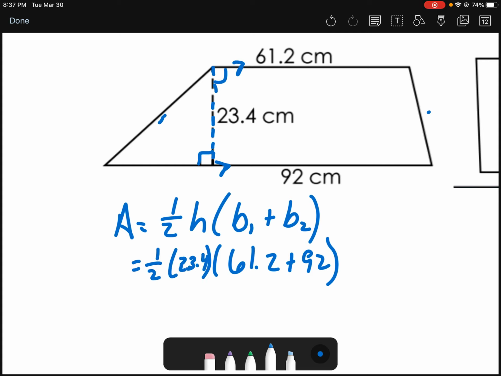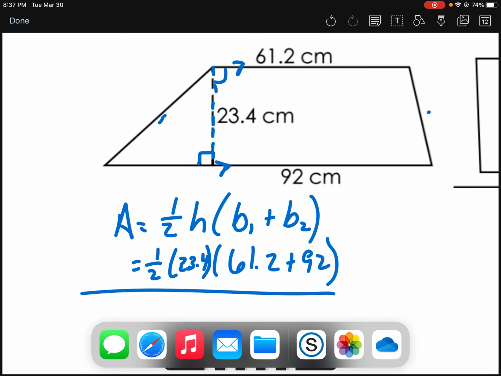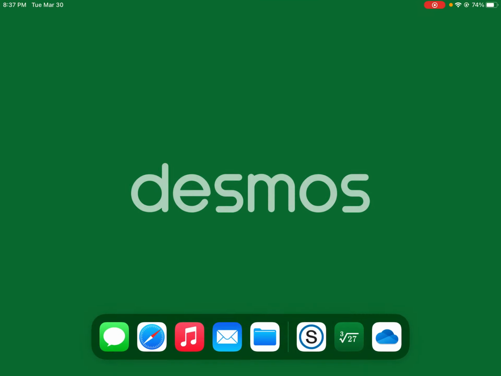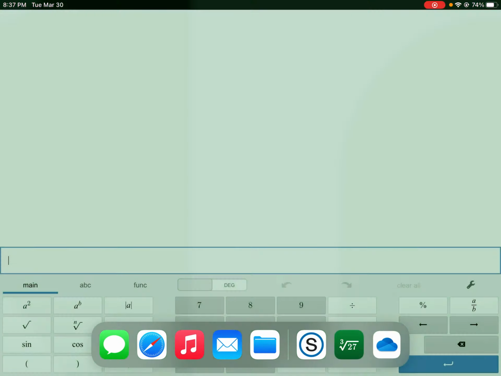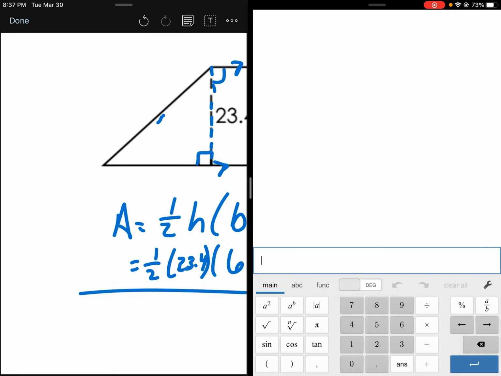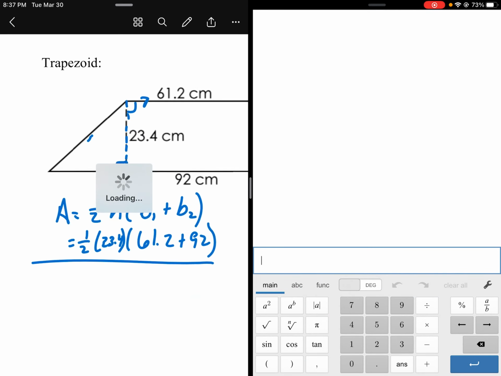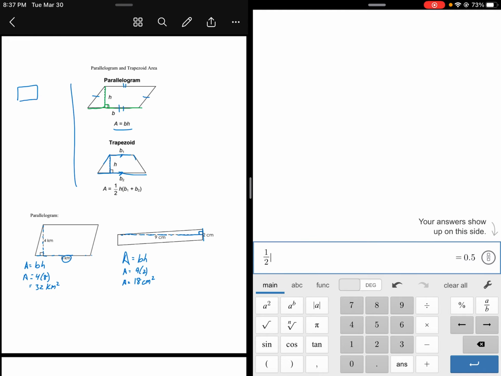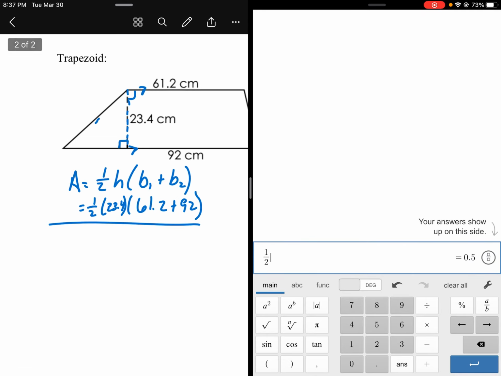I squeezed it in. This guy right here, I can just go ahead and plug that into my calculator that I have opened right now. All right, so I have 1/2 times 23.4 times 61.2 plus 92.